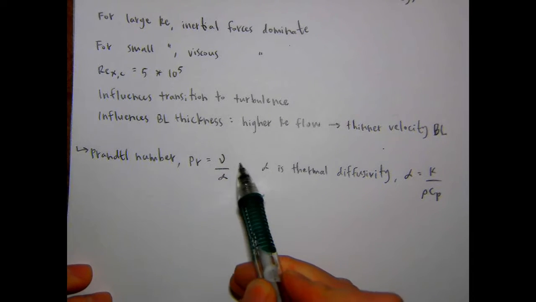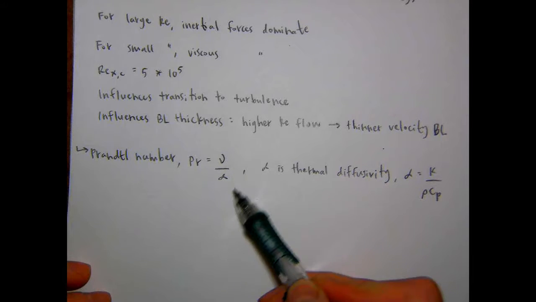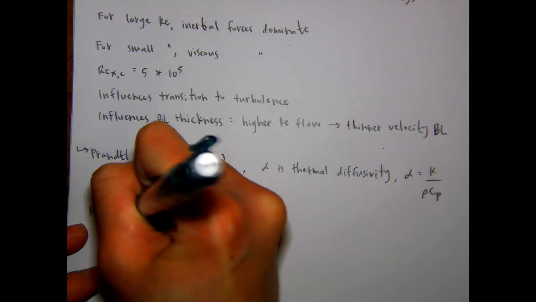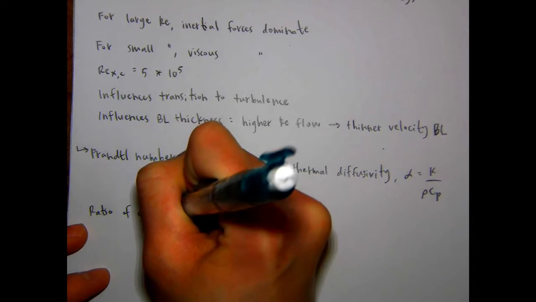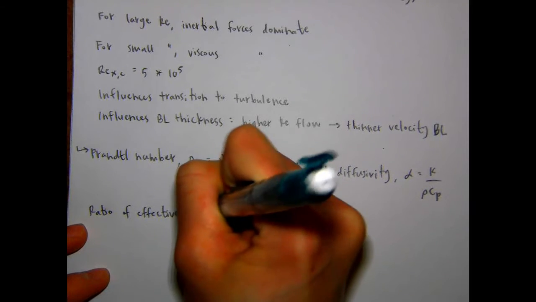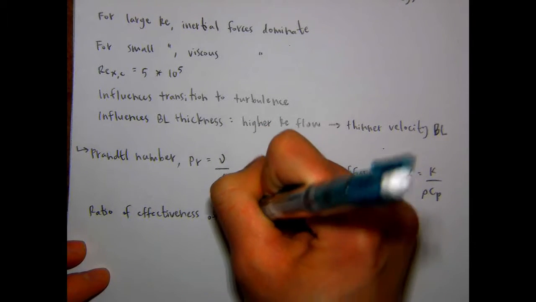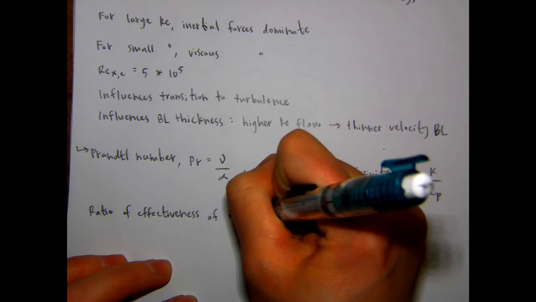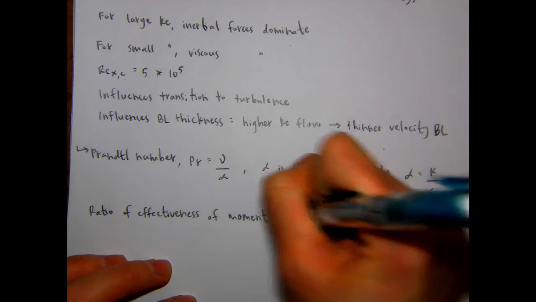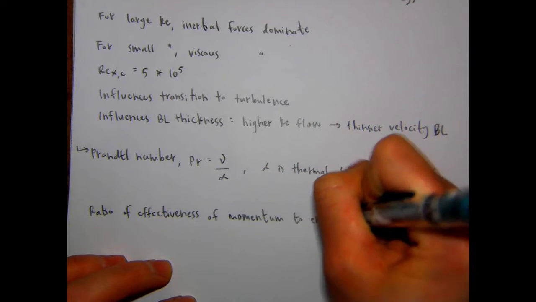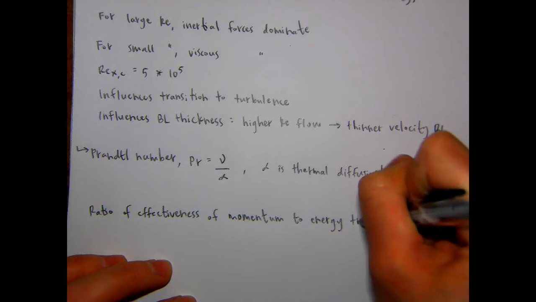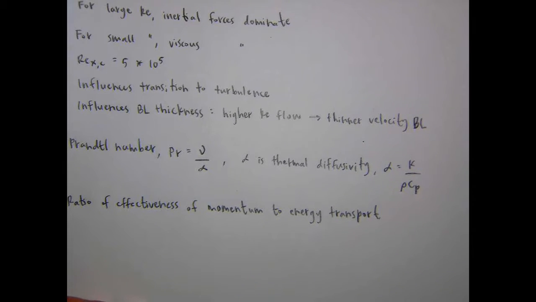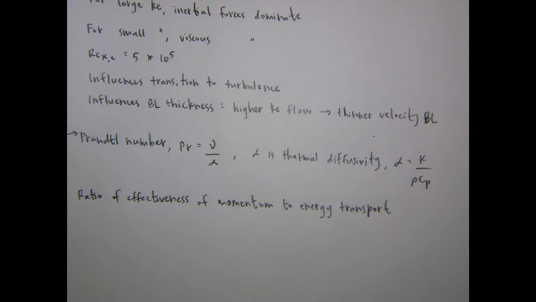So it's the ratio of the effectiveness of momentum transport to energy transport in the velocity boundary layer and the thermal boundary layer, respectively.